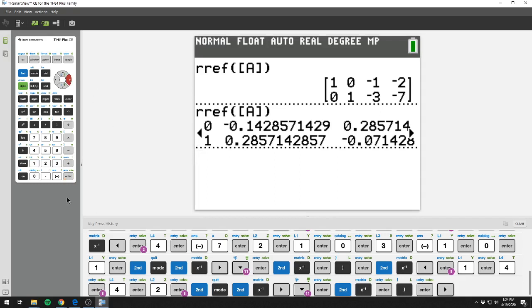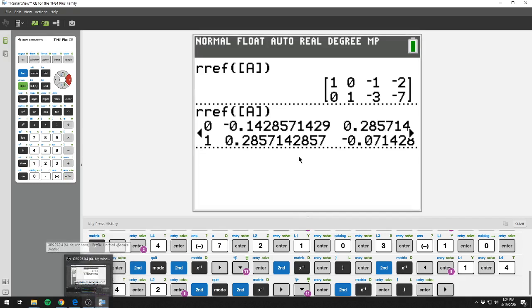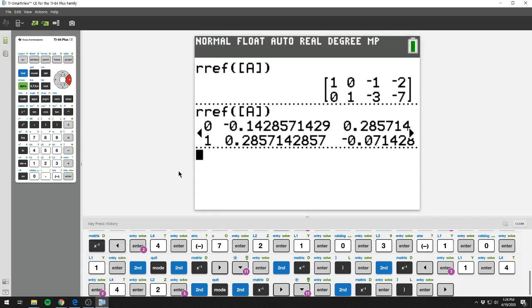Okay, and I'm gonna write down a few decimal points and then talk about this. We got negative 0.143.